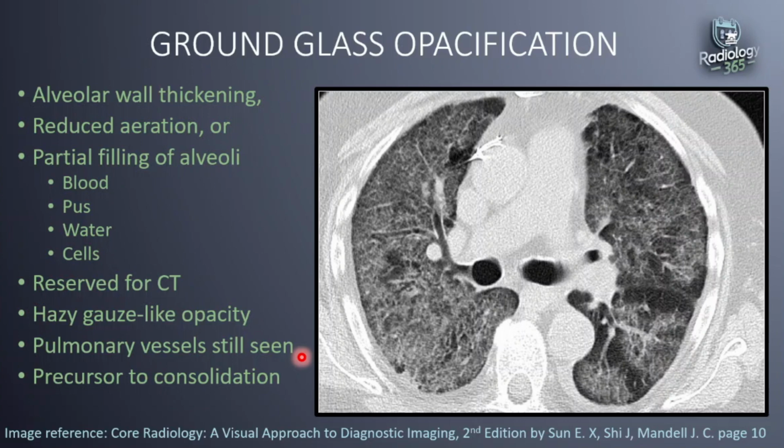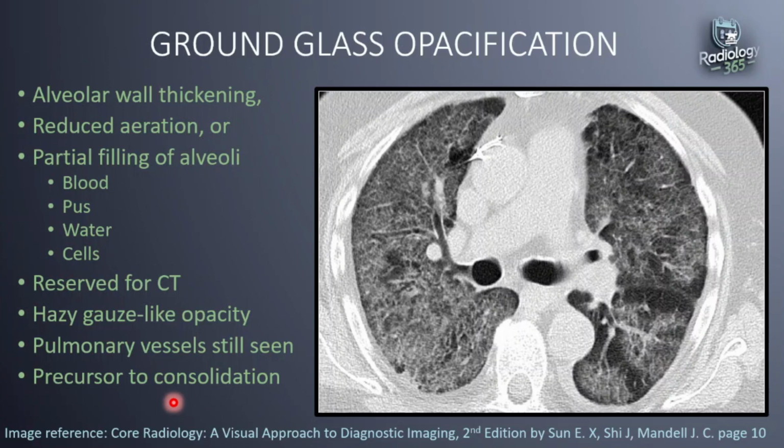In ground glass opacities, the pulmonary vasculature is still seen, but then there's still this hazy gauze-like opacity in the lung, and it's said to be a precursor to consolidation because the same things that would eventually totally fill the lungs can partially fill the lungs.